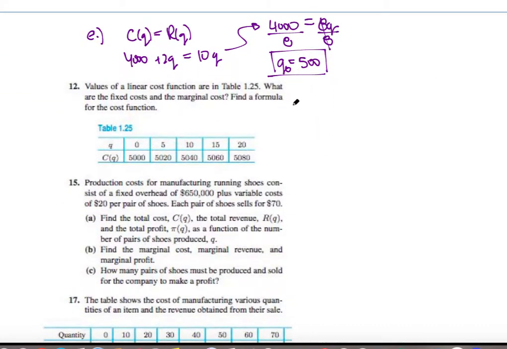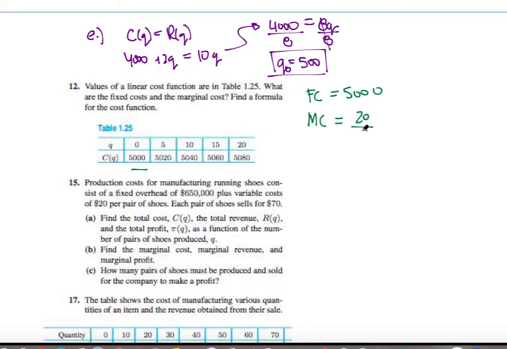Number 12 asks us to look at this table where we have values of Q and we have a cost function. So the fixed cost would be how much money we have spent before we sell anything. So this cost before we've sold anything would be our fixed cost. Our marginal cost, remember, is the price to sell one more item. So here I can see that after selling 5 more items, my cost has gone up $20.